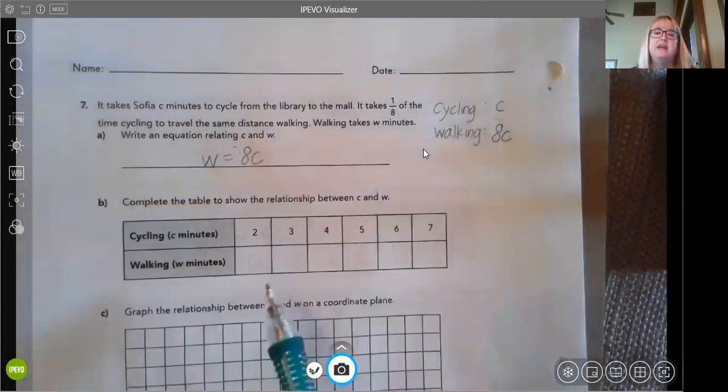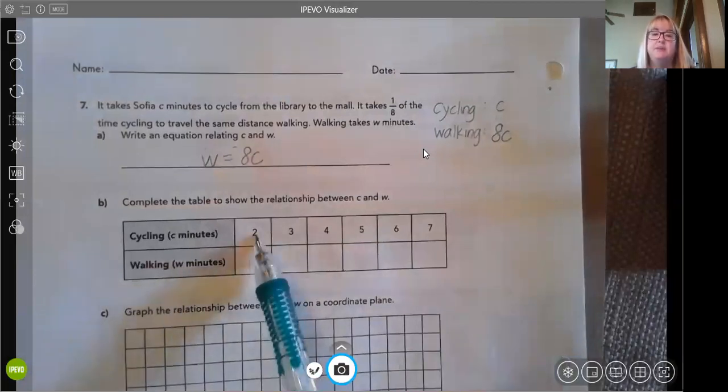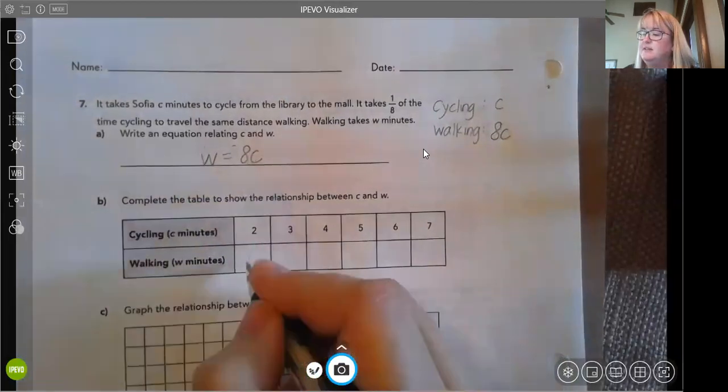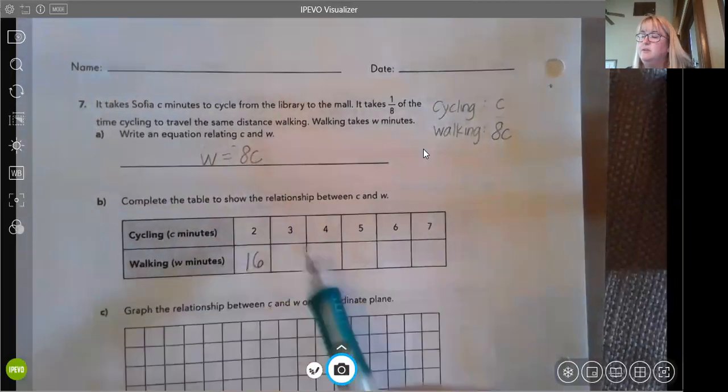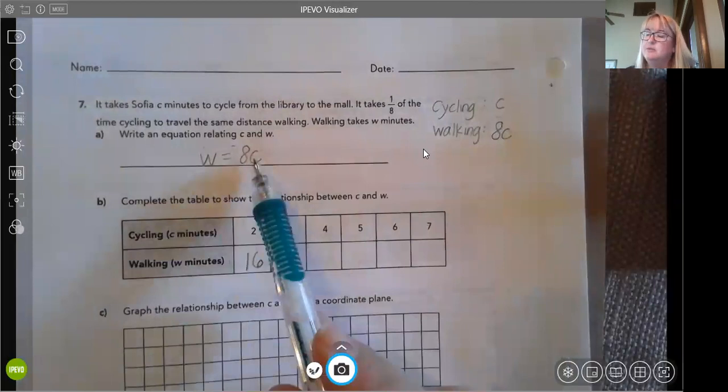All right, so we're going to complete the table to show the relationship. When C is 2, W is 8 times 2, which is 16. When C is 3, W is 8 times 3, which is 24.